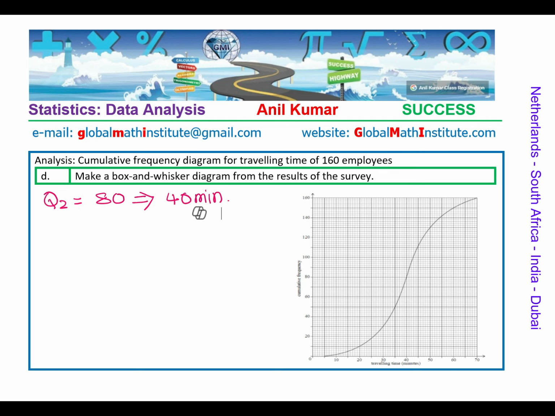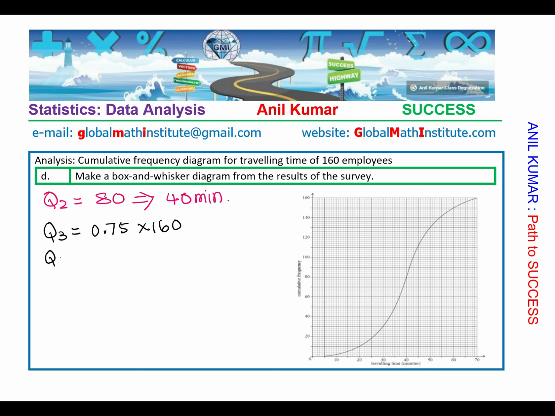So that we have already found. And now we'll complete the box and whisker diagram. In the box and whisker diagram, we have Q2. We need to find Q3, which is 75% of 160, the total number.